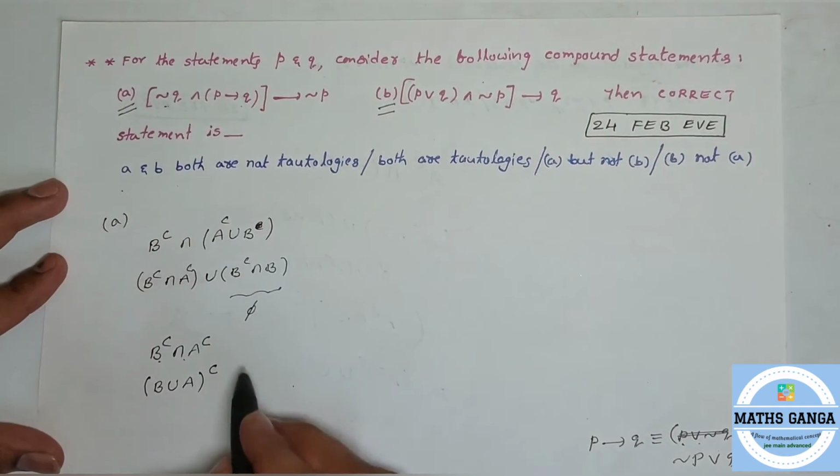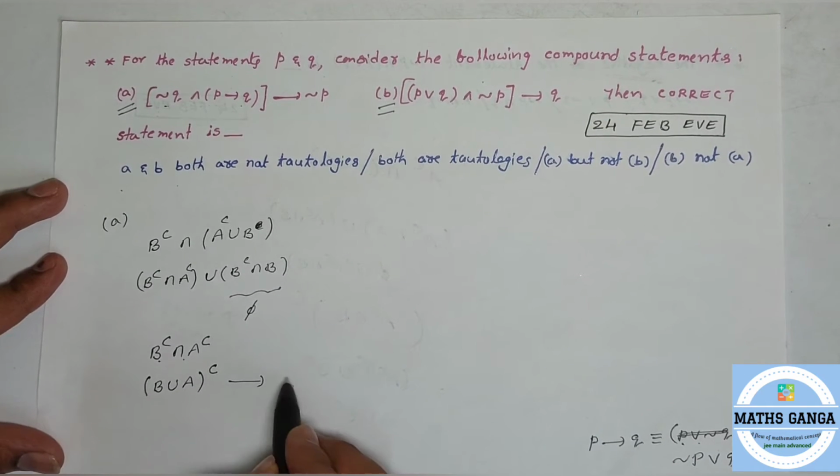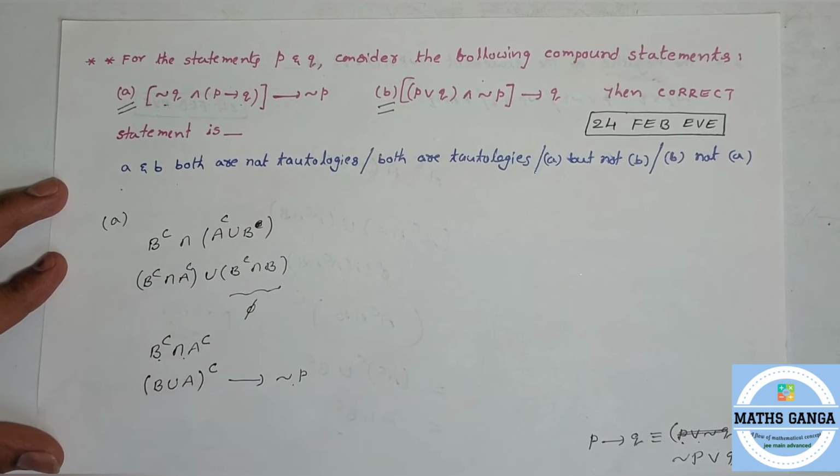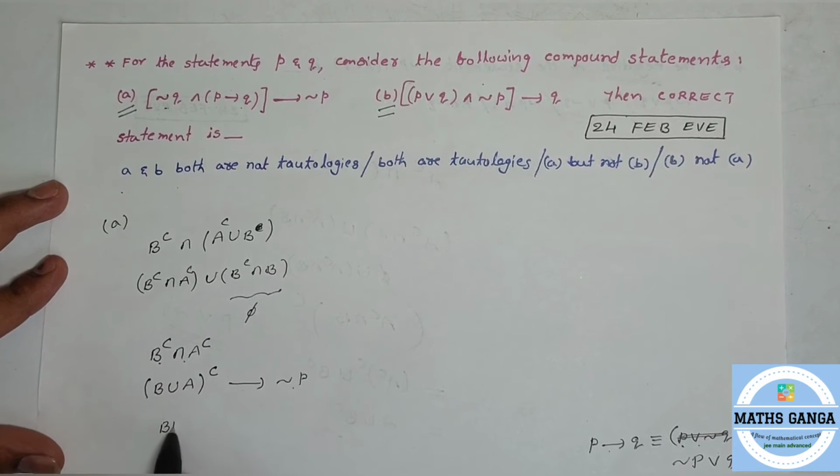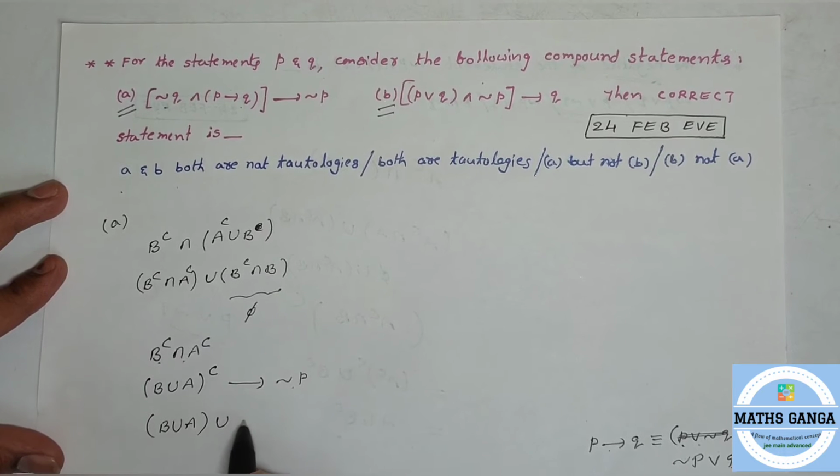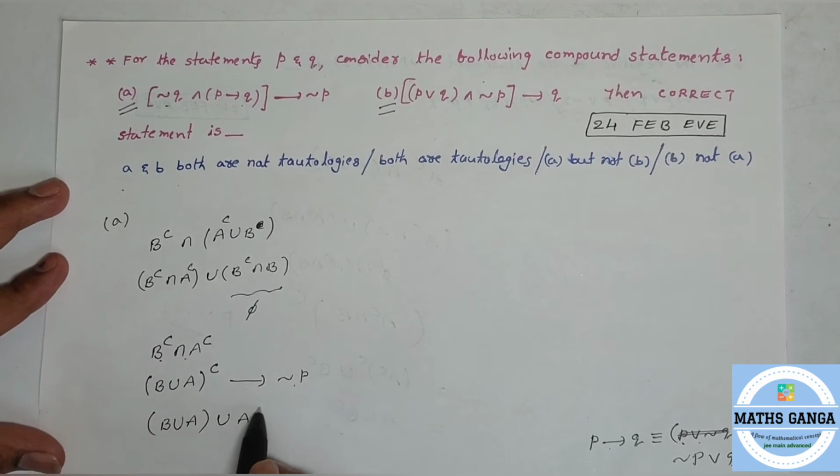And as per this statement, this implies negation of P. So again by this particular law, complement of the first one, union the second one. Complement of the first one is B union A, and this is again union A complement.